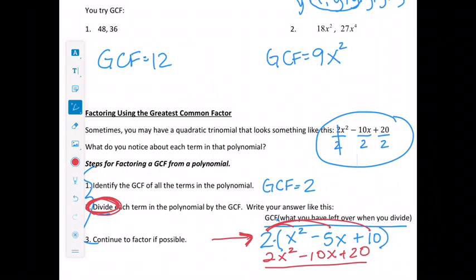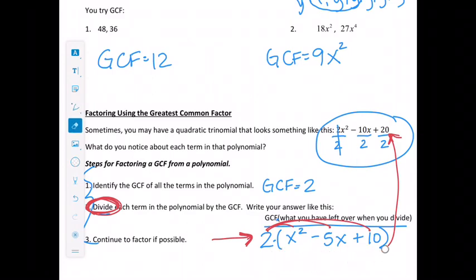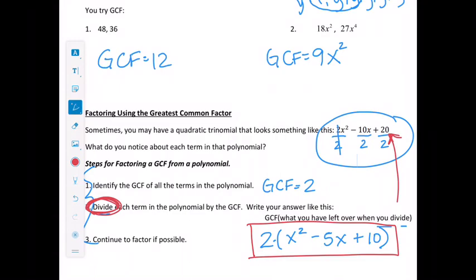This right here in red gets me back to my original problem that we factored, right? So factoring and multiplying are kind of like opposite or inverse operations, all right? You can think that in your head as part of your ways to check, but if we ask you to factor, this is your final answer for factoring, okay? That's your final answer.